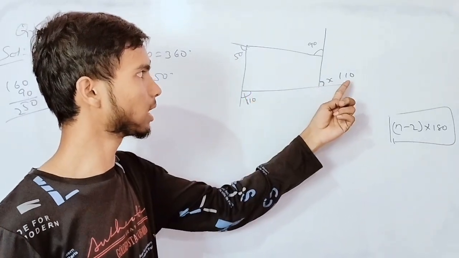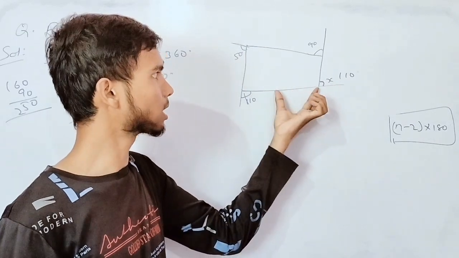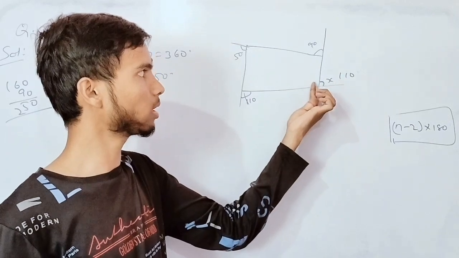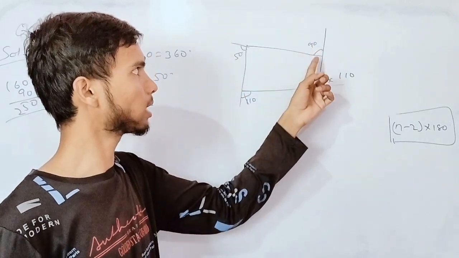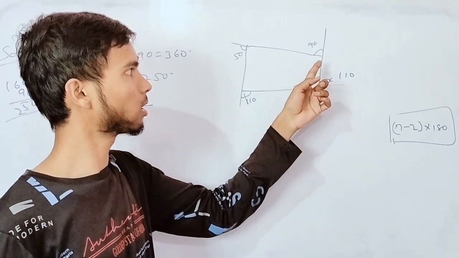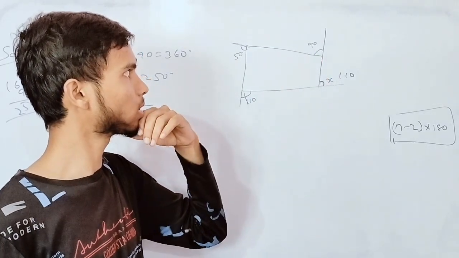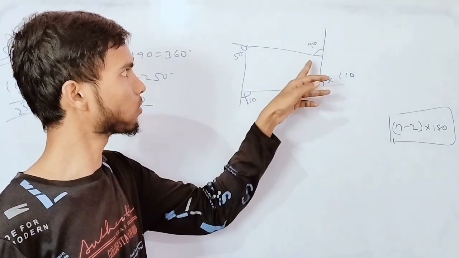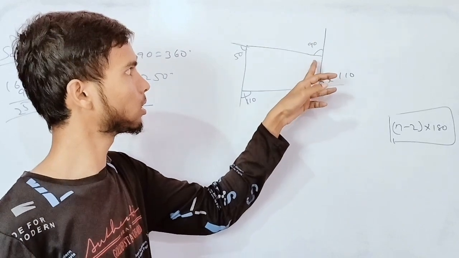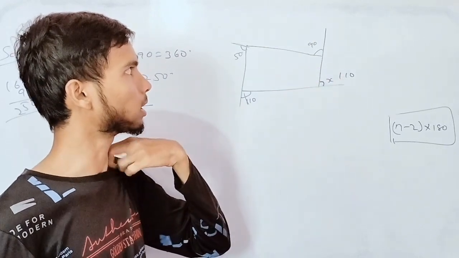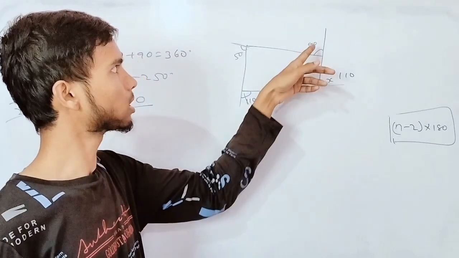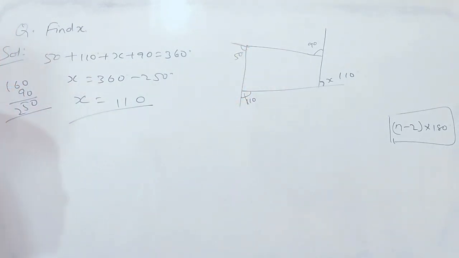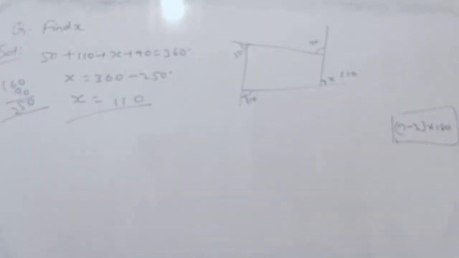If this is 110, and this line is a straight line, then this will be 70. If this is 90, this will be 90. This is 50, so this side will be 130.